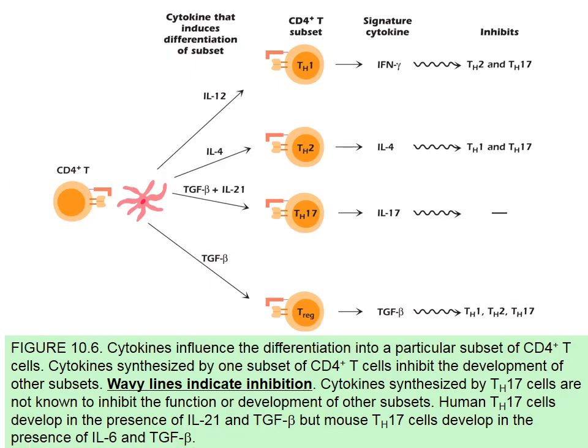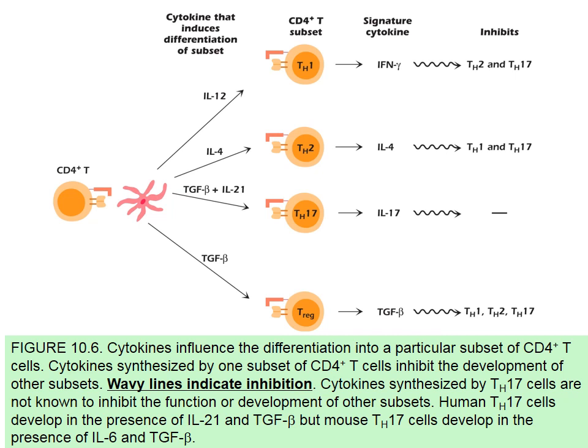Now, let's take, for example, T helper cells for now, the CD4 T cell. The point is that this particular T cell, which was a resting T cell, is going to be differentiated into a different set of cells based upon the influence of a cytokine. This influence may be positive, right?